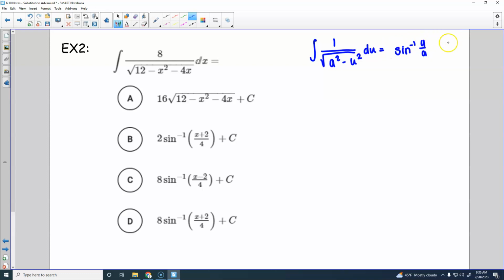This one does not have the 1 over a out front, does it? The others do. So you can see here that we've got 12, which could be an a squared. It's not a perfect square, which makes it aggravating, but yeah. Roots.